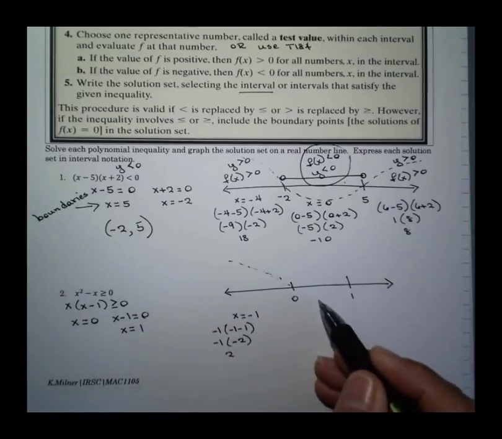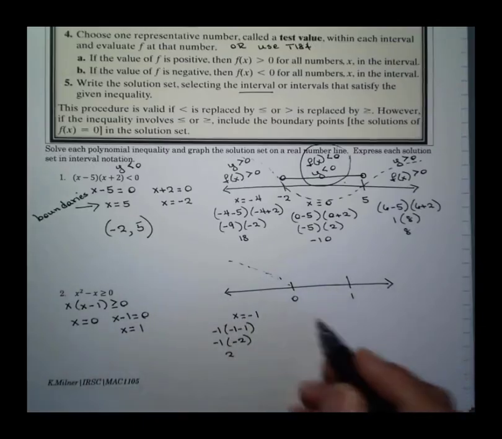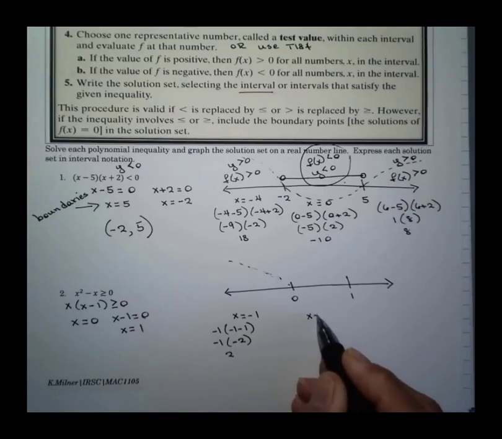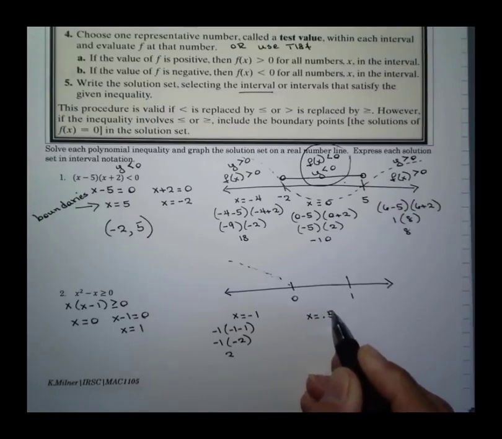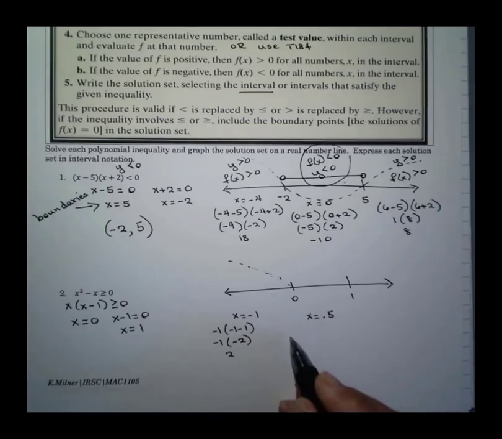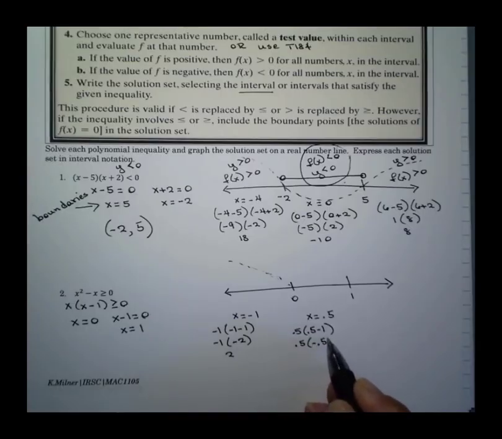What about in between these two? I'm going to have to go for a fraction for this one. I'm going to have to say x is equal to 0.5 or something like that. And then which one is easier? 0.5 times (0.5 minus 1). Well, this is 0.5 times, and 0.5 minus 1 would be -0.5. Negative half.